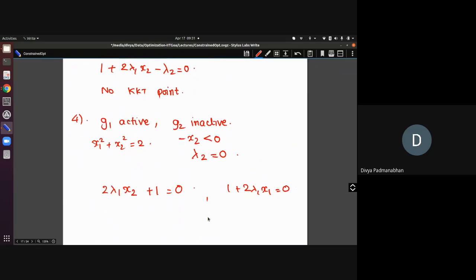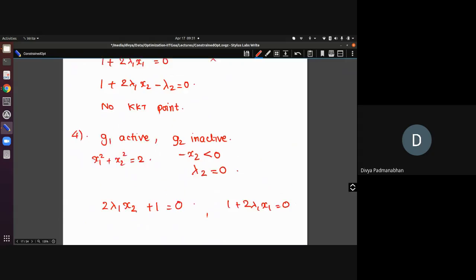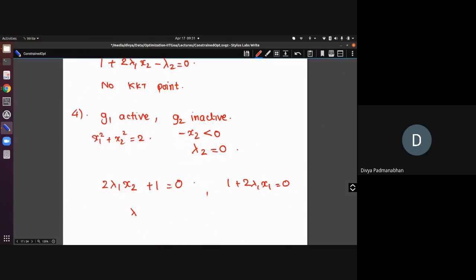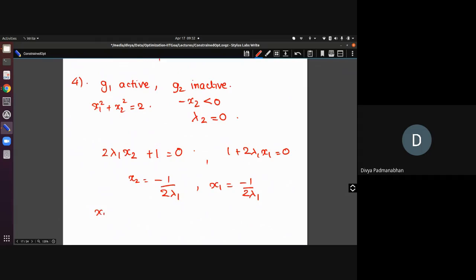Can we simplify this further? From here, it must be that x1 and x2 are the same. x2 is -1 by 2 lambda 1, and x1 is also -1 by 2 lambda 1. So both these are the same values, so x1 is equal to x2.